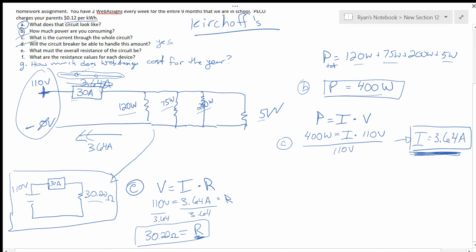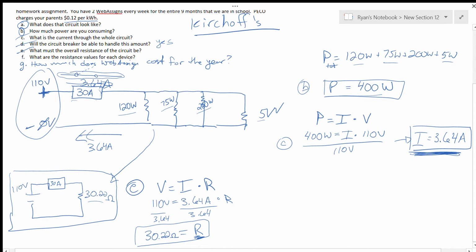Even so, when you add resistors in what's called parallel, you don't just add them up. There's another type of circuit called series where you do. We're going to go into all this next week. However, we still have enough info to figure out the individual resistance values. So the overall resistance of the circuit is there.